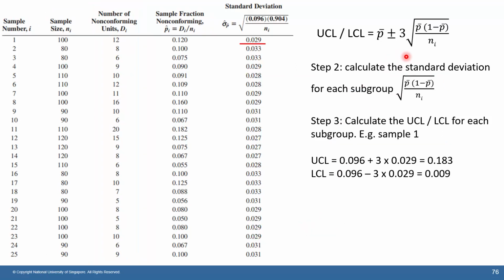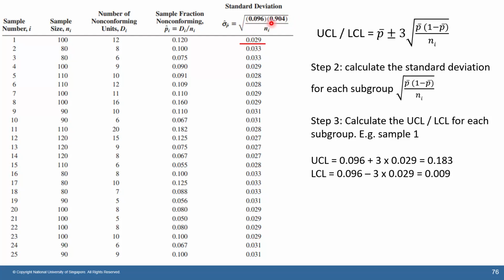Then the next step is to calculate the standard deviation for each subgroup. Because remember, this is the equation, we need to calculate this standard deviation. So this is calculated as shown here for, let's say, the first one. For the first one, you simply take this 0.096 multiplied by 0.904.